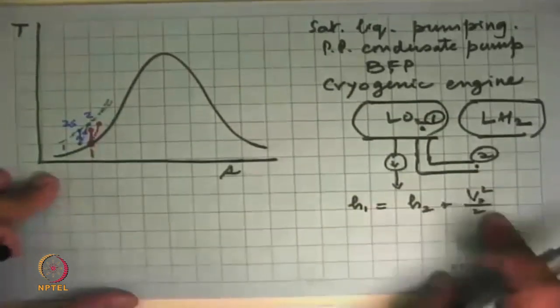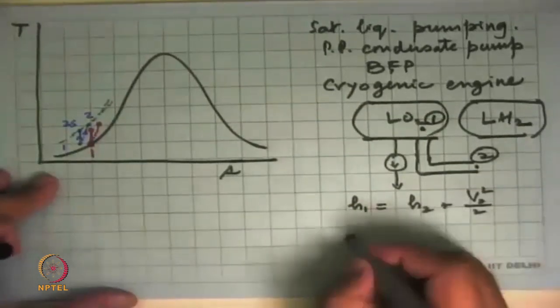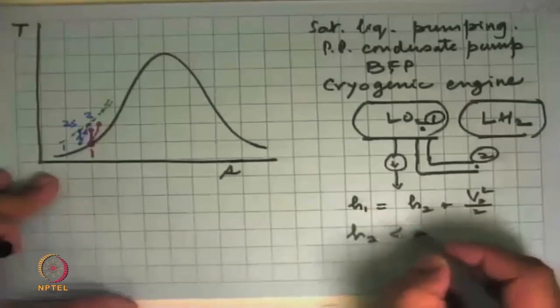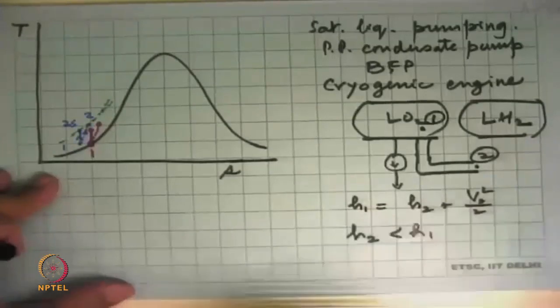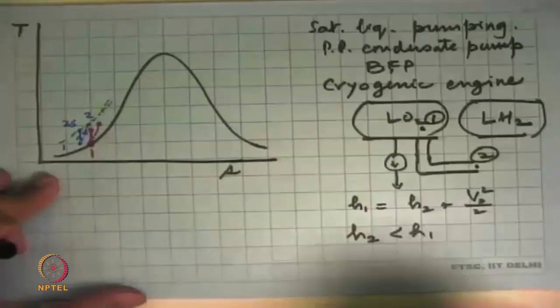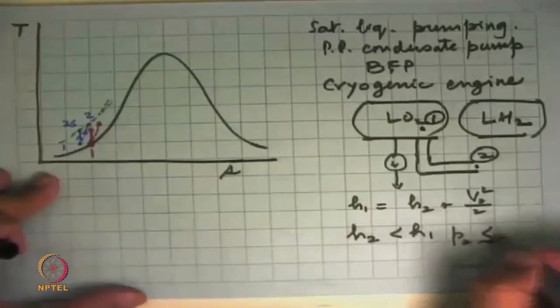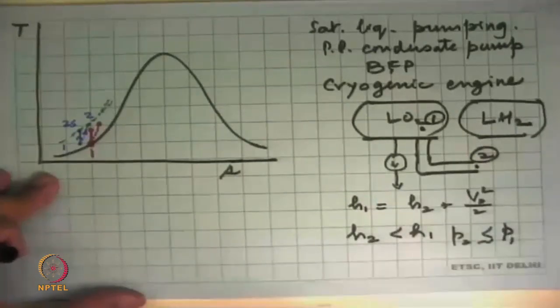And even if V2 is very, very small, it tells you that H2 is less than H1 and pressure P2 is slightly less than P1.